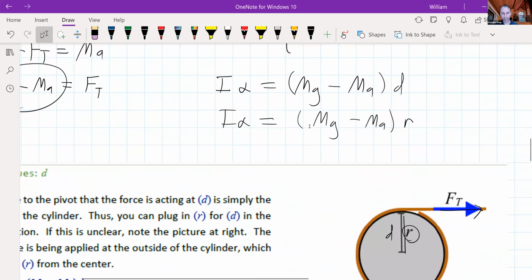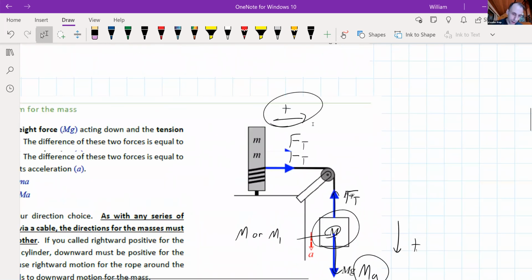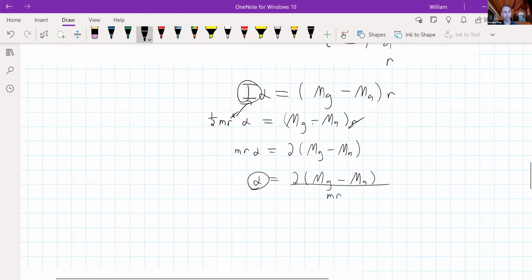We have gotten alpha by itself, and our final answer only has the listed variables and nothing else. It's in terms of big M, little m, linear acceleration, and the radius. Any questions on this?